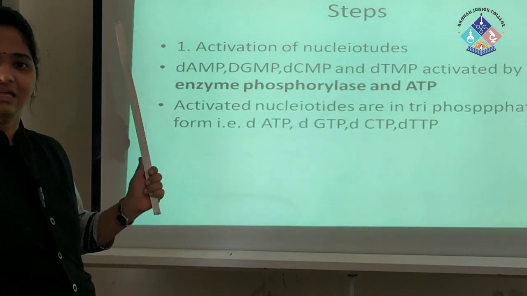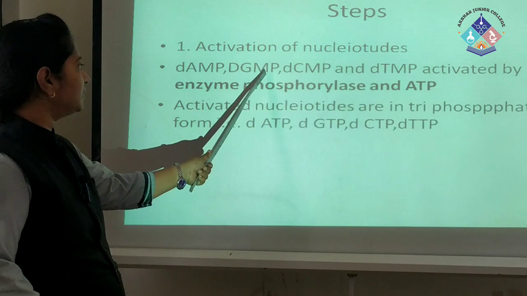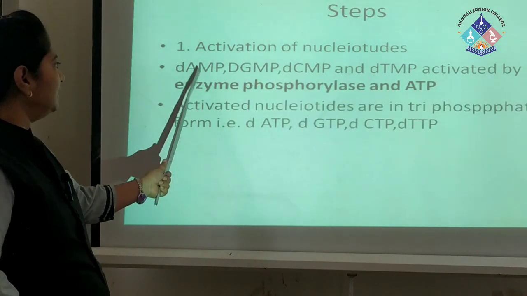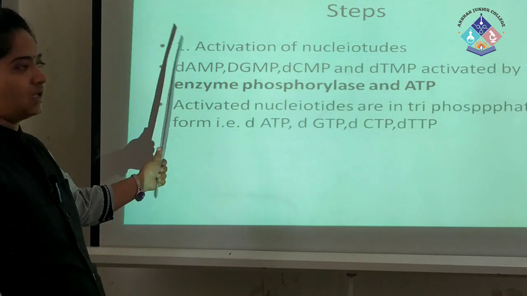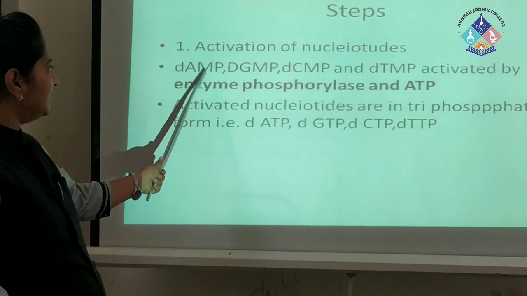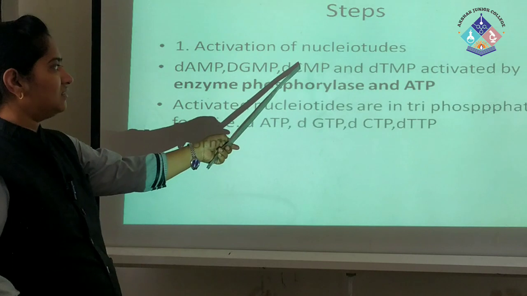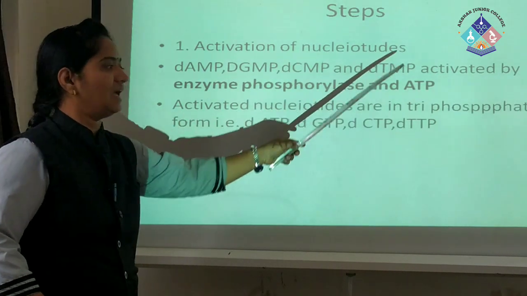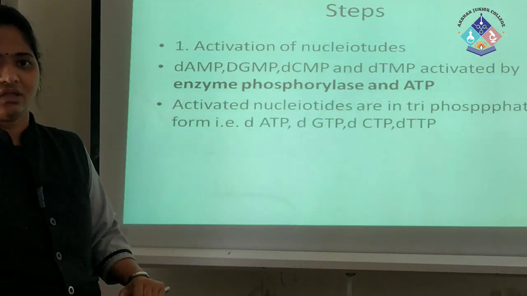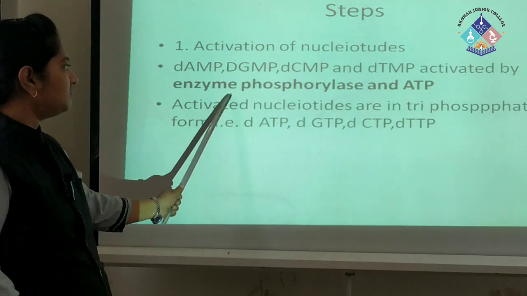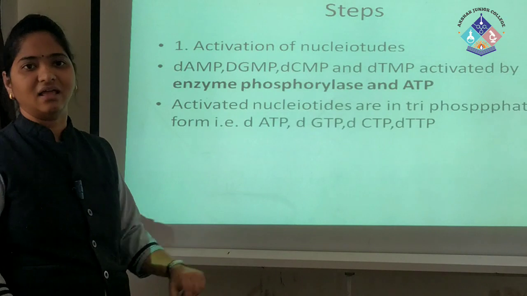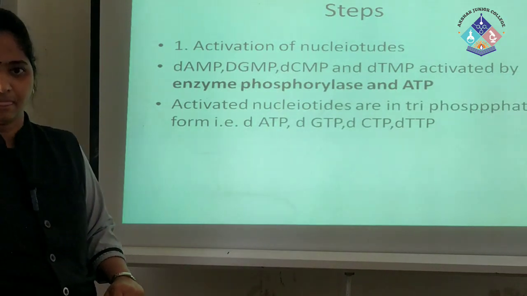Initially they are in inactive state, that is in the monophosphate form. You can see here dAMP, where d is for deoxyribose, and AMP means adenine monophosphate, likewise guanine monophosphate, cytosine monophosphate and thymine monophosphate. For activation there is a need of the enzyme phosphorylase and an energy molecule, that is ATP.